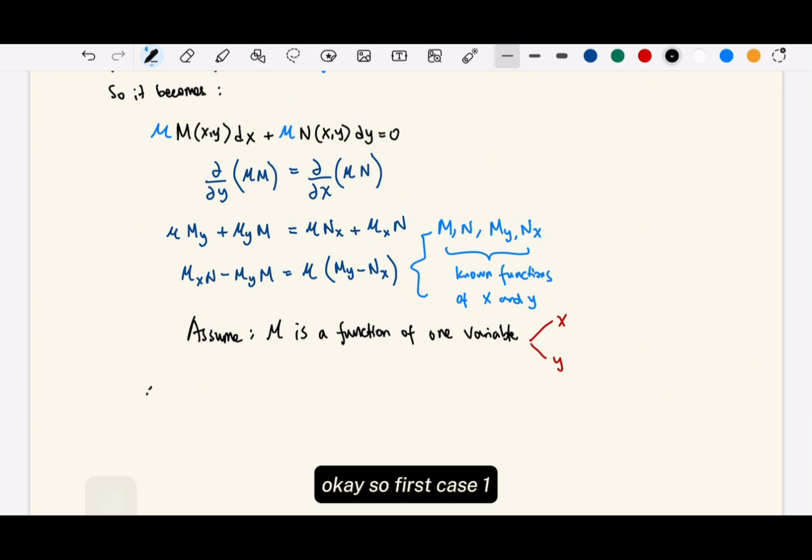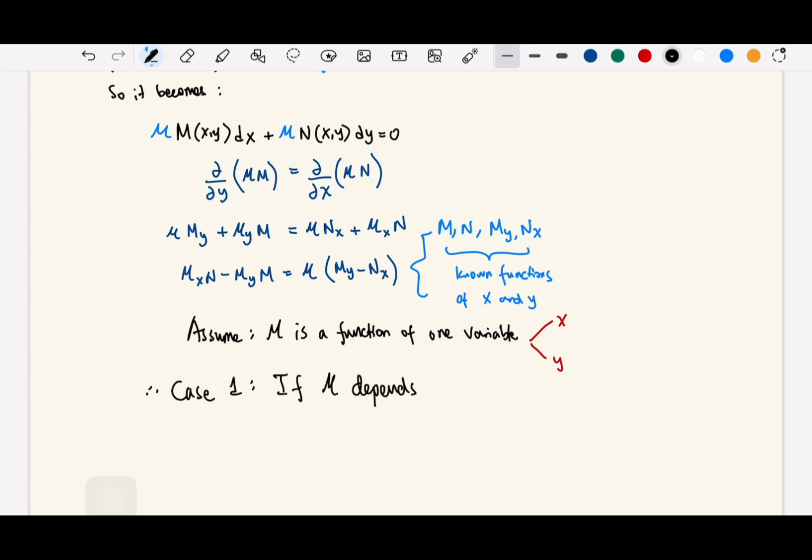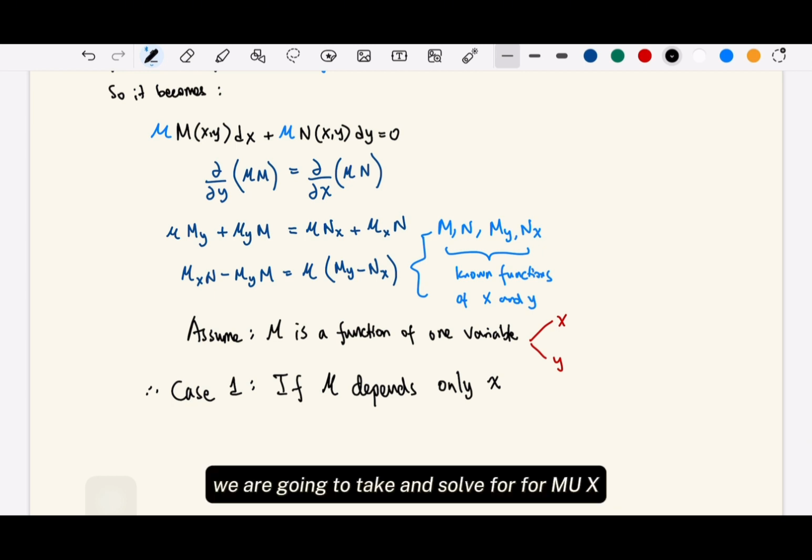Okay, so first, case 1, if mu depends only on x. It means that we are going to solve for mu x.